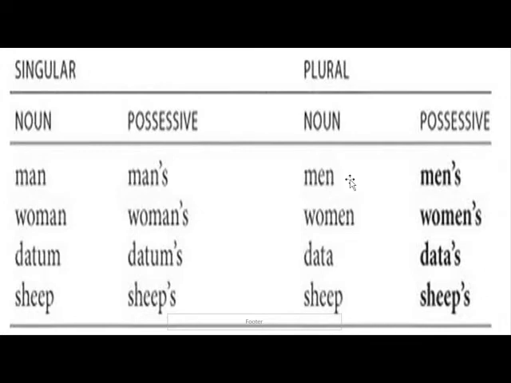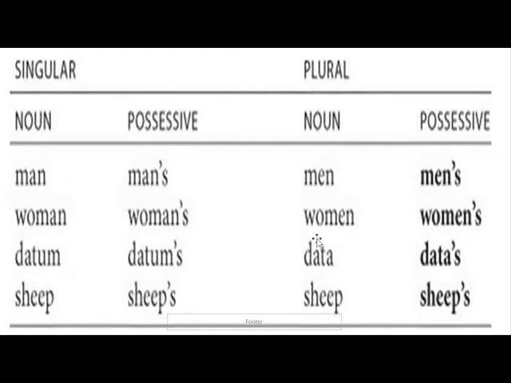There is no S here, so I will put the apostrophe, then add the S like the singular nouns. The words that do not end with S, we will add the apostrophe, then add S after it. But if the word ends with S, I will add the apostrophe after the S.